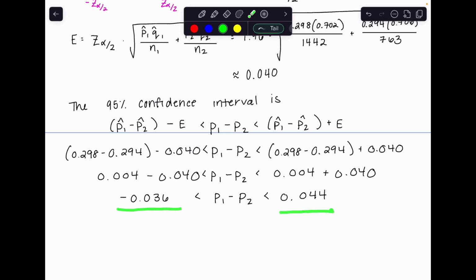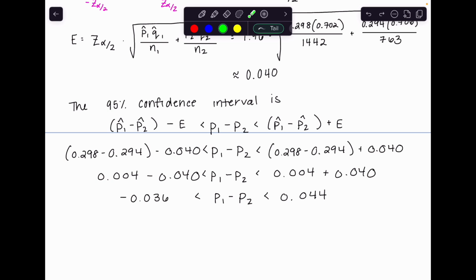So because of that, we do not reject the claim. If it happened to be that this one was positive 0.036 and positive 0.044, 0 doesn't fall inside those particular values. So in that case, their difference is something positive, so there is no way they are going to equal each other, okay? So that would tell me I would reject my null hypothesis.